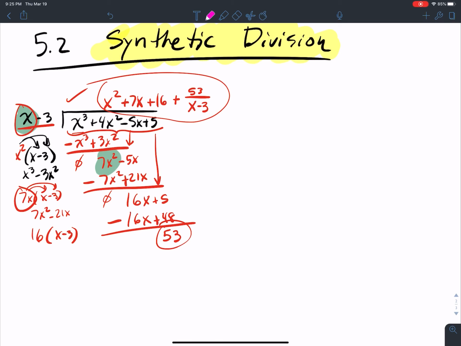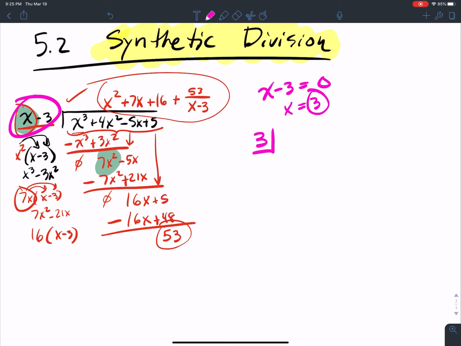First thing you've got to do is take your divisor and set the divisor equal to 0. Solve for x, so x is equal to 3. Now you're going to take that 3 and put it in a box.